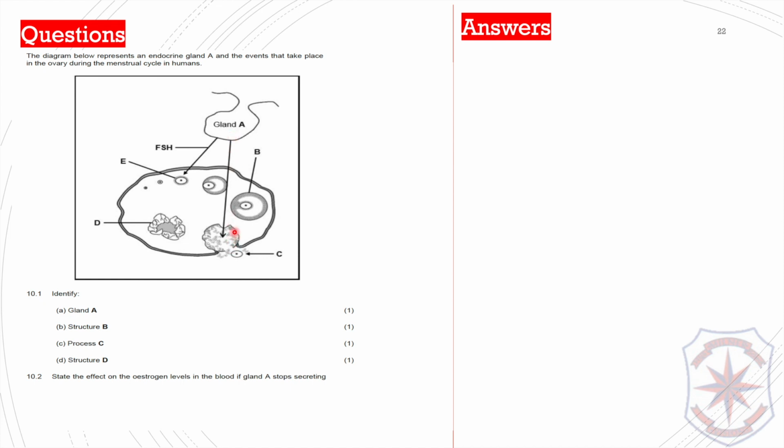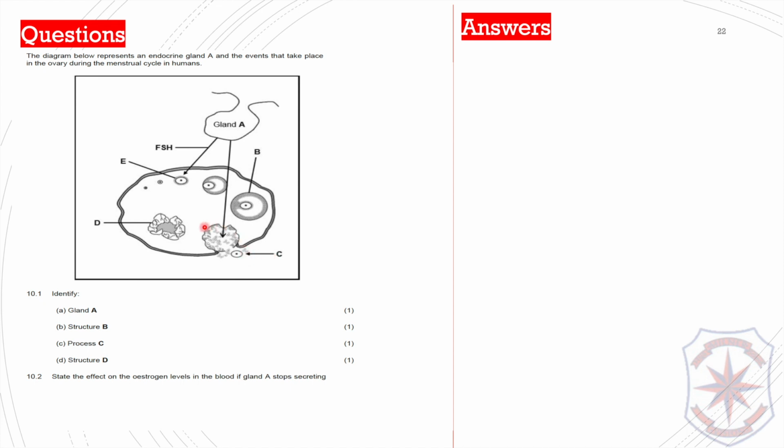We see that this structure, the Graafian follicle, B, has ruptured. So this process is known as ovulation. What is ovulation? Ovulation is the rupturing of the Graafian follicle to release what? An ovum. So structure C will be an ovum.